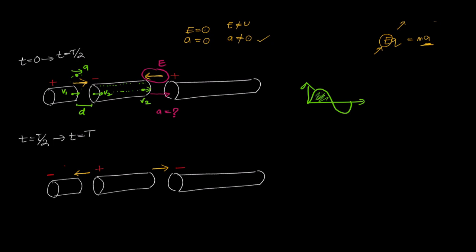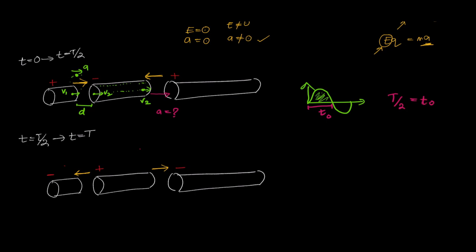What we can do is, let's say the time of this is going to be t naught. T by 2 is equal to t naught.